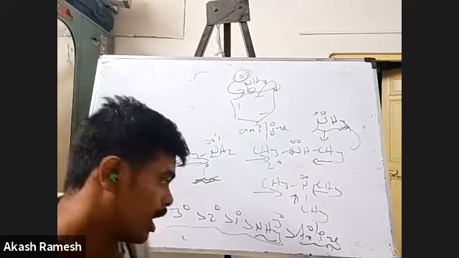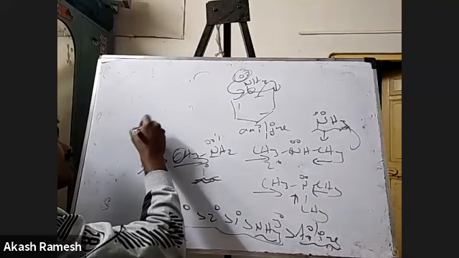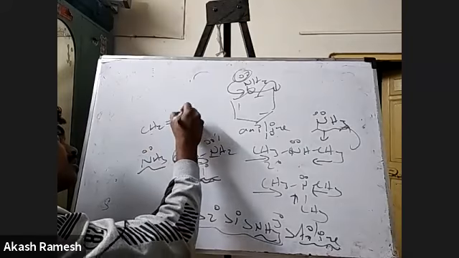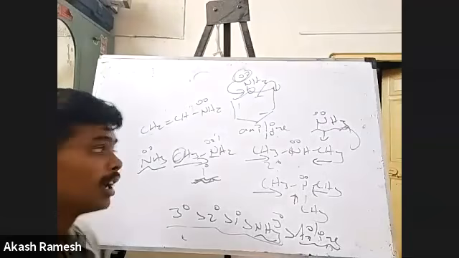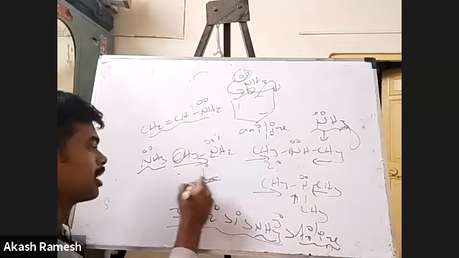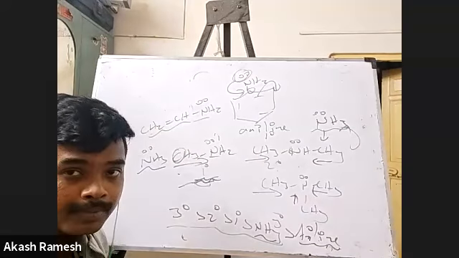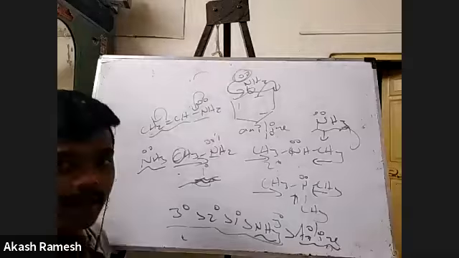Now if I give one more example, say something like this. If I compare it with the primary amine, this is also a primary amine. Again, what do you see? This lone pair is actually not on nitrogen. This is involved in resonance.